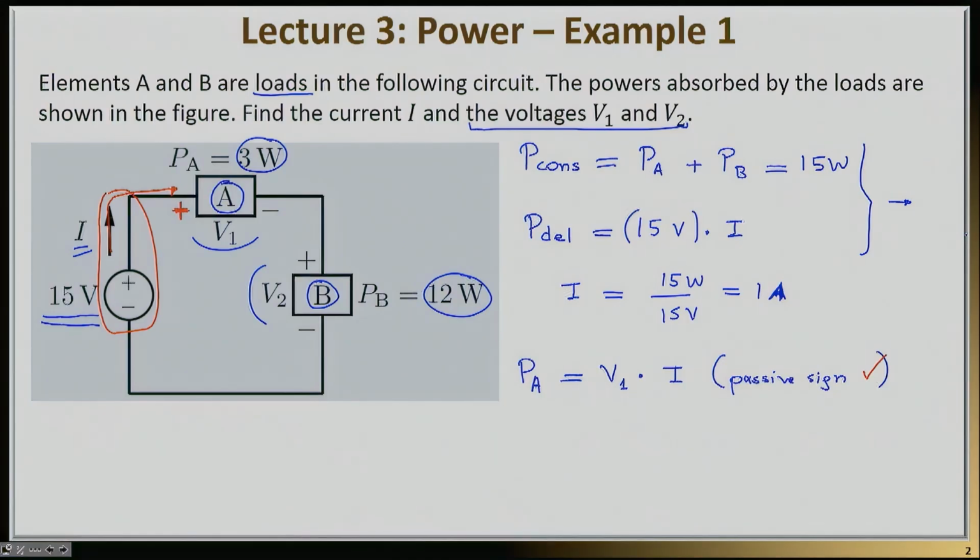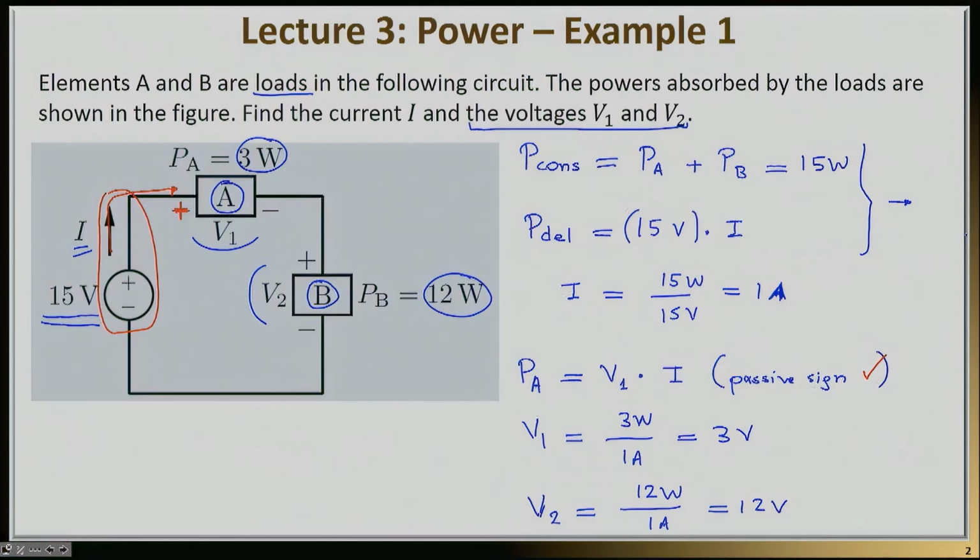Which means that V1 times I indeed will give me the power consumed. So from here, I can say that V1 is equal to the 3 watts that this load is consuming divided by the 1 amp that I have flowing, or simply 3 volts. In a very similar way, I can find out that V2 will be equal to the 12 watts that this device is consuming divided by the 1 amp, or simply 12 volts.